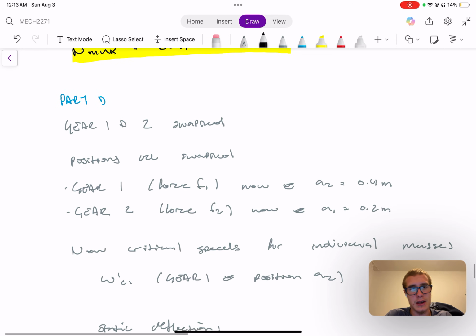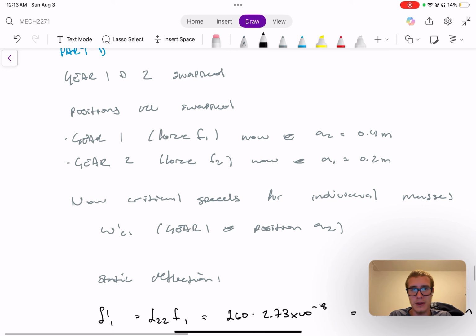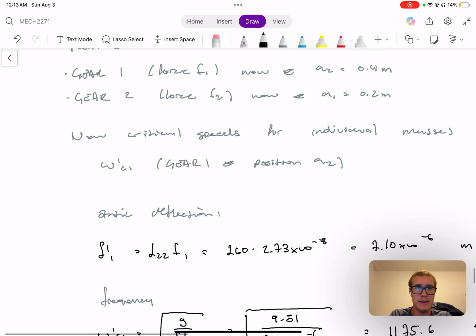Part D, the gears one and two are swapped. The positions are swapped. So gear one, the force one, is now at A2, and gear two, force F2, is now at A1. Here are the new critical speeds for the individual gears. This is the new critical speed for gear one at position A2.